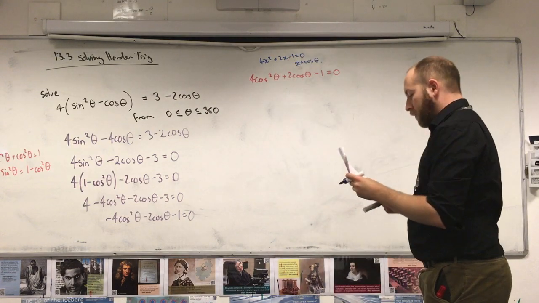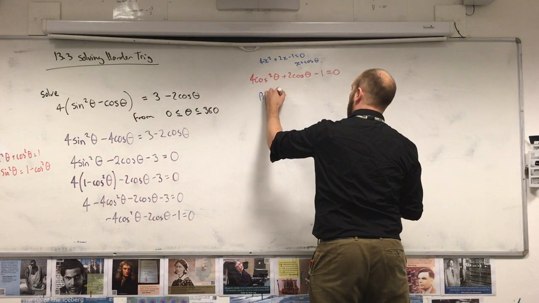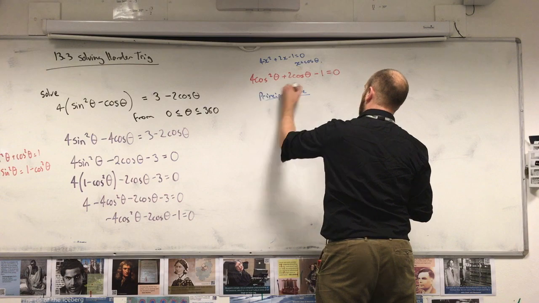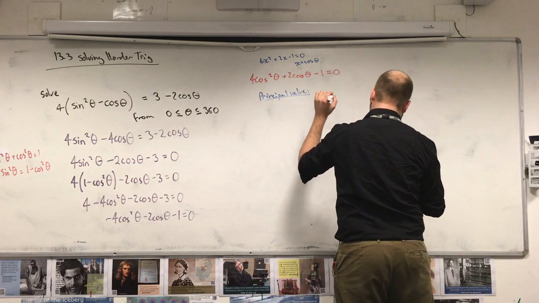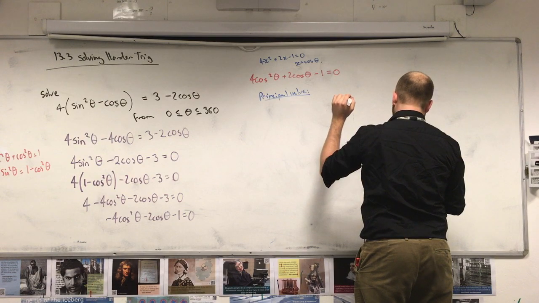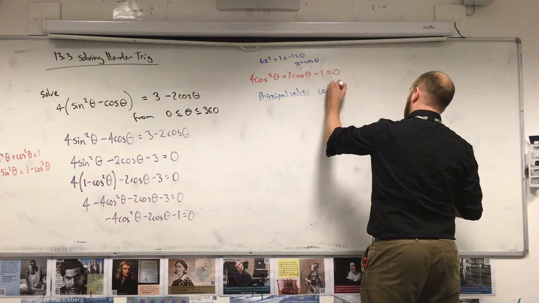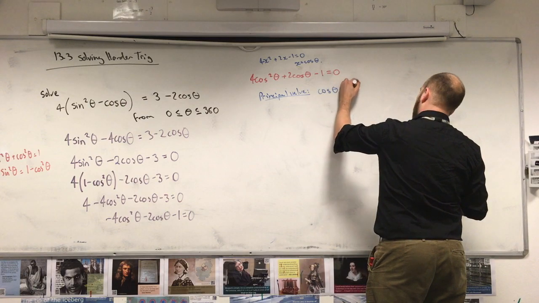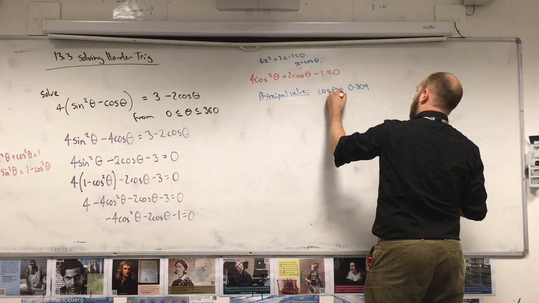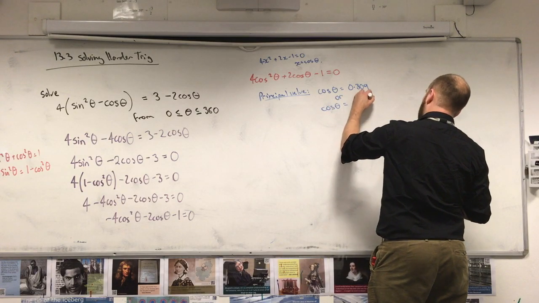Either way you do it, you'll find your principal values. We get 2 actually for this one. So you get cos theta equals 0.309 or cos theta equals minus 0.809.